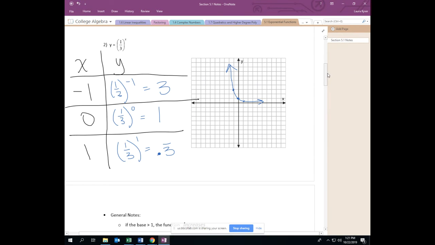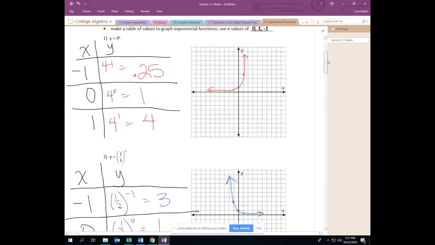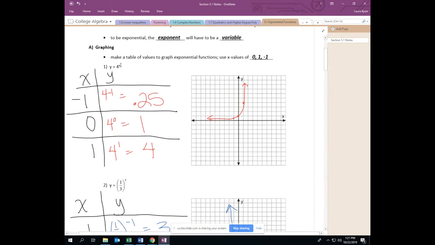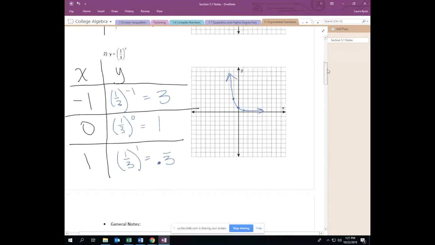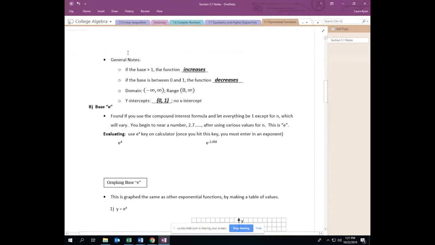So there are a couple basic notes about these types of functions where you have a number being raised to the x power, and it's going to be based on whether you have an integer or a fraction or decimal as your base. So there's a couple things down here, and we've seen these.